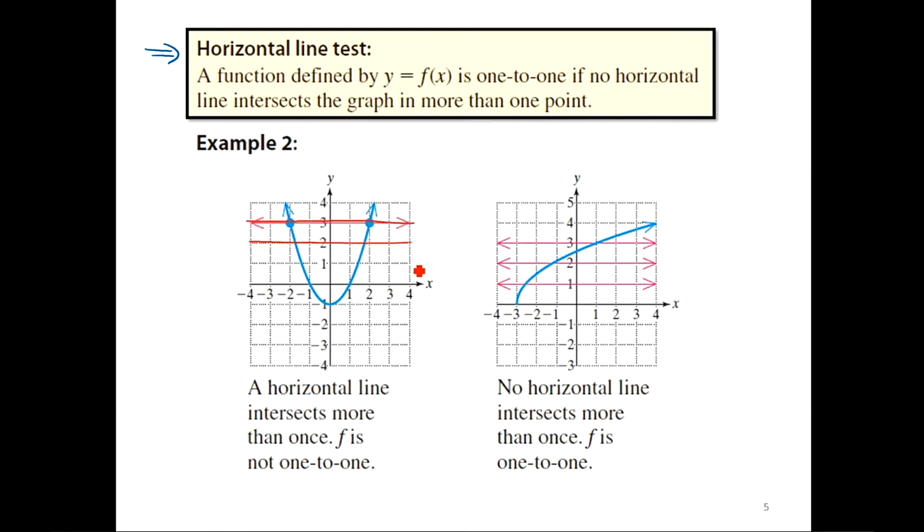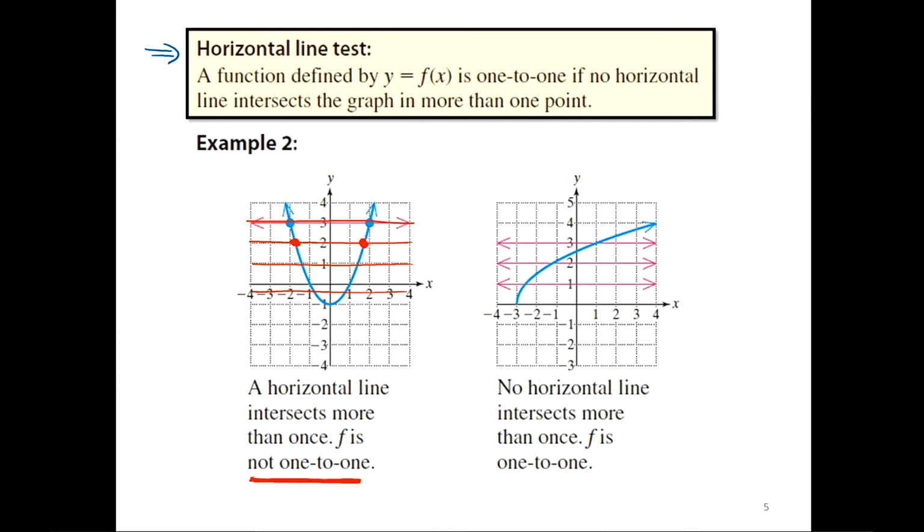If any horizontal line has an intersection with the graph at more than 1 point, then this is not one-to-one.